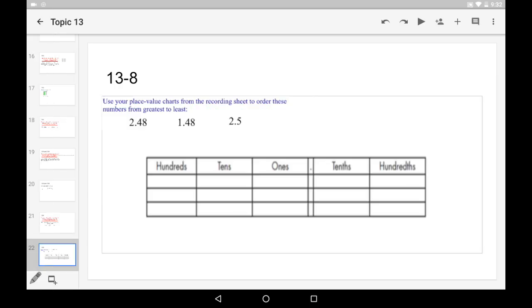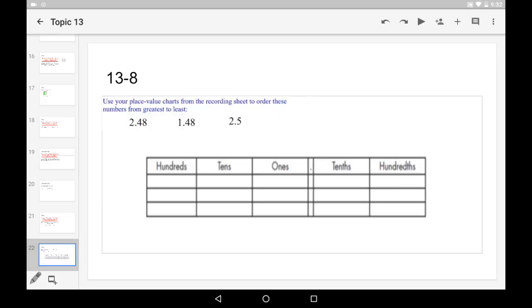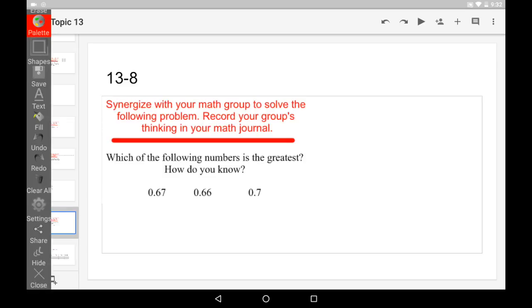So just like we have in the past, we have place value charts, okay? And I want us to think of this. I'm going to go back to the next slide to show you how we're going to use this. So we have our hundreds, tens, and ones because it's to the left of our decimal, and then we have our tenths and our hundredths, okay? So let's go back to our slide now, and let's think of this. I don't have any holes, okay, but I am going to set up a little bit of a chart here.